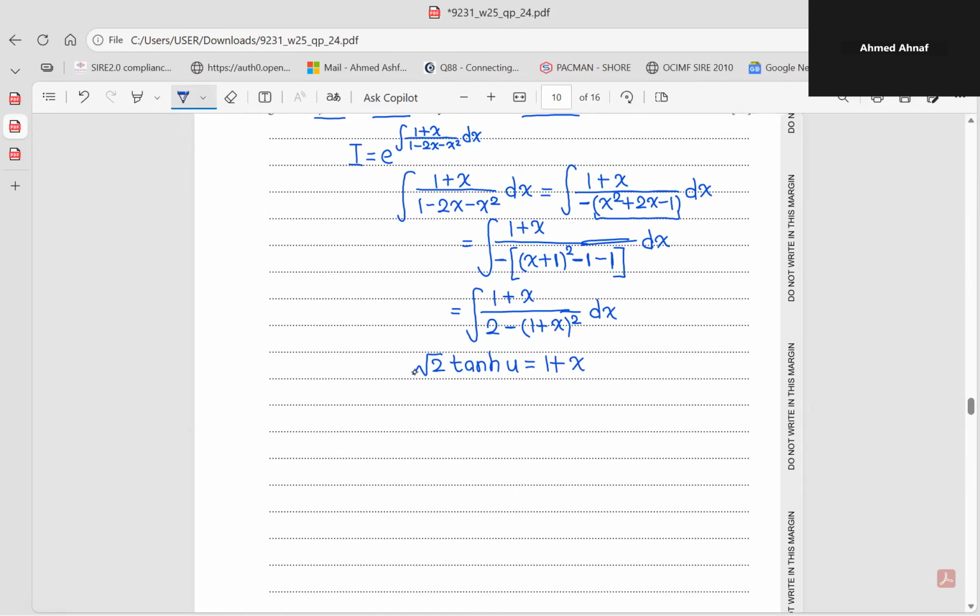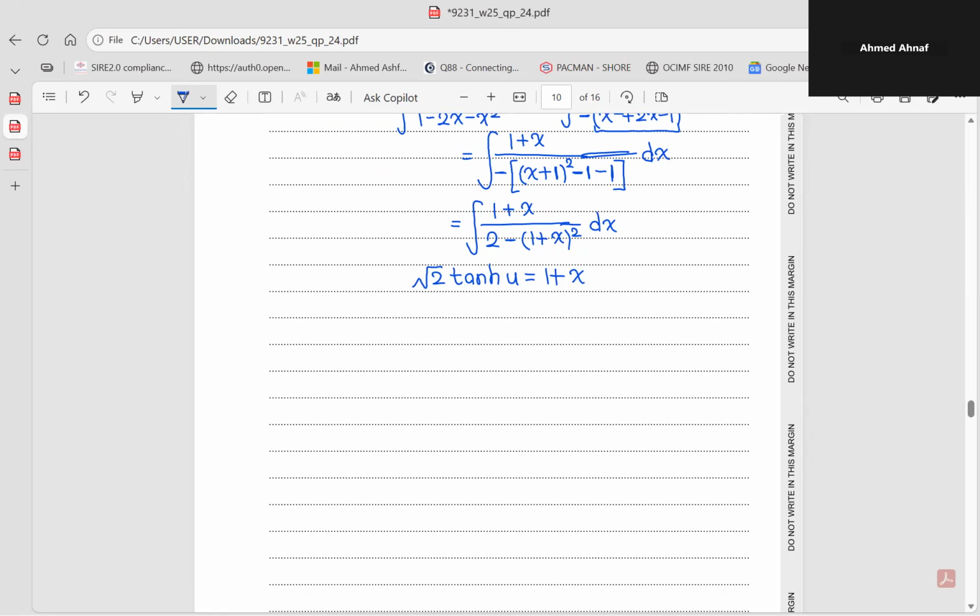The reason we put a square root 2 in front of the tan u is so that when this gets squared, it becomes 2 tan squared u, which allows 2 to be factorized from the entire expression. Now we're going to find out what dx/du is.